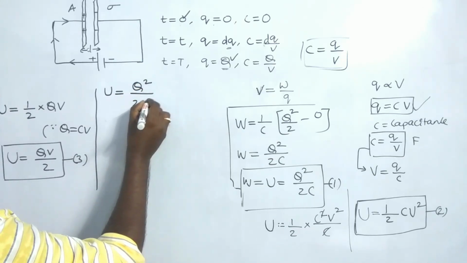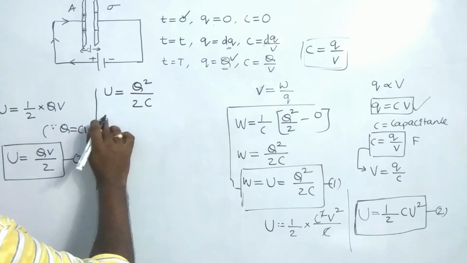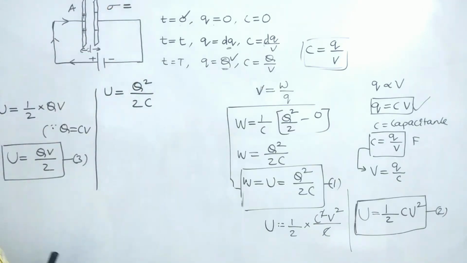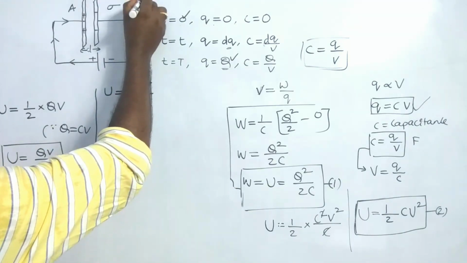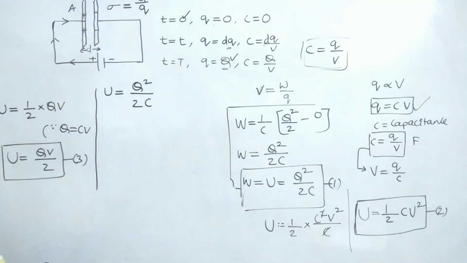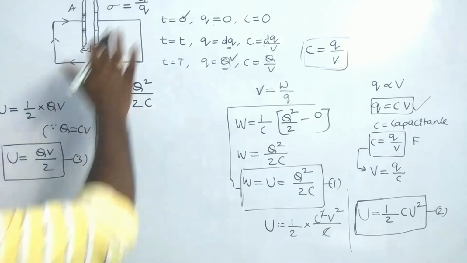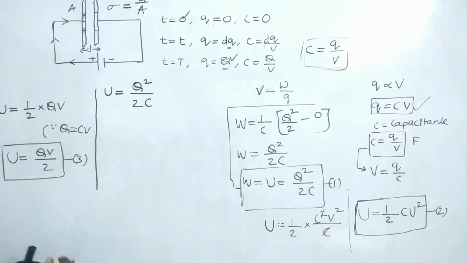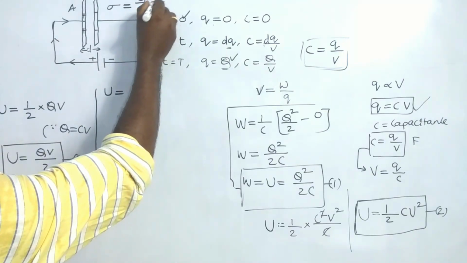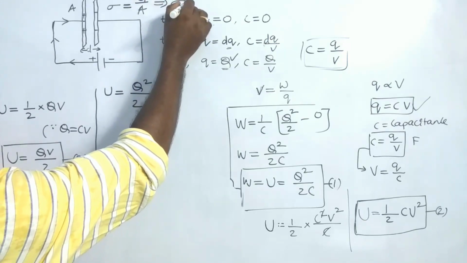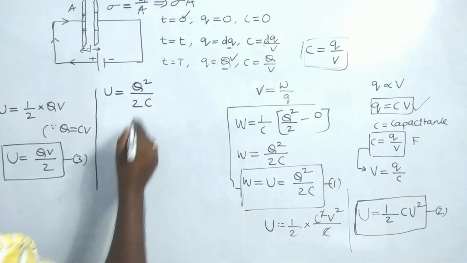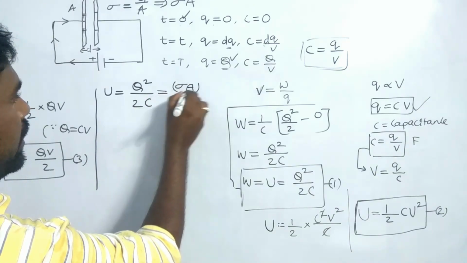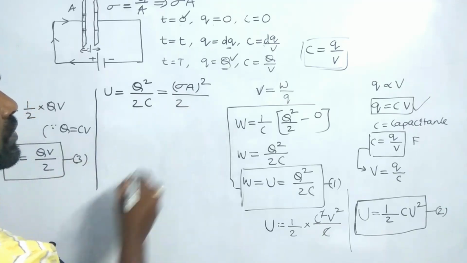By the definition, sigma is the surface charge density, which is charge per unit area, Q by A. So Q should be written as Q is equal to sigma into A. Clear? Hence you can write Q is equal to (sigma A) whole square by 2 into C.